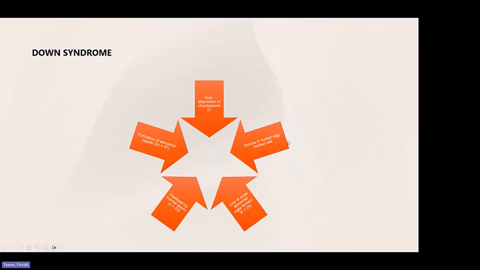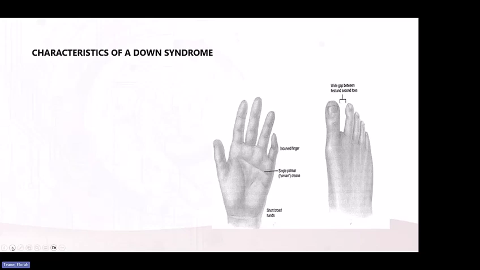So if there's one egg where the chromosomes or chromatids were not separated, there's an error, there's an abnormality. And when this egg fuses with a sperm cell, there'll be the formation of a human being with this abnormality called Down syndrome. Let's see, how can we know that this person has Down syndrome?